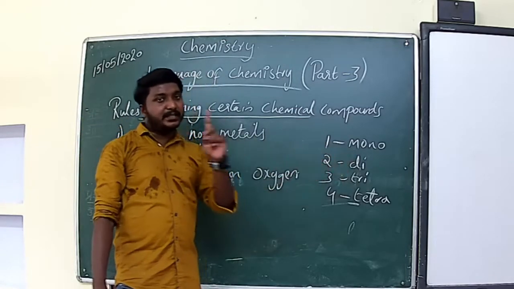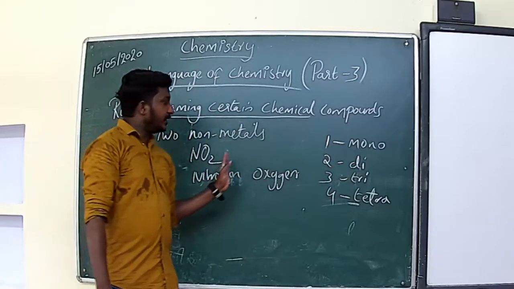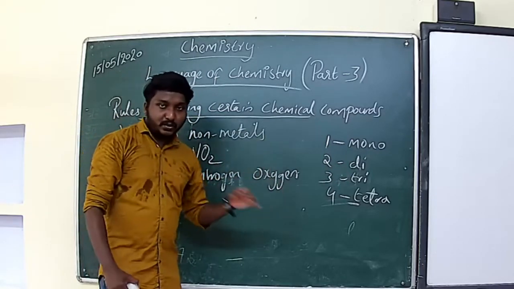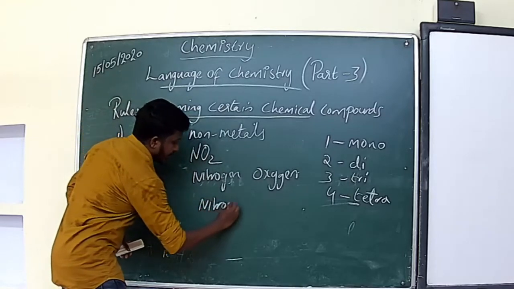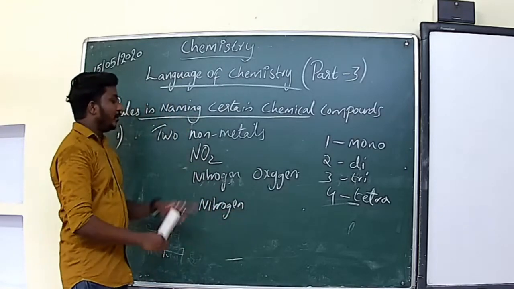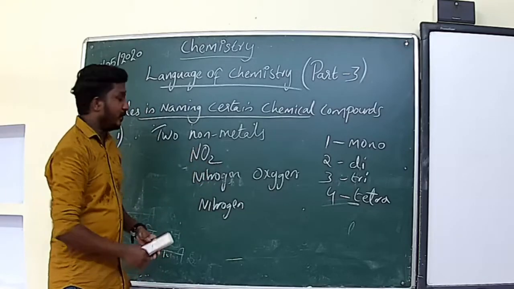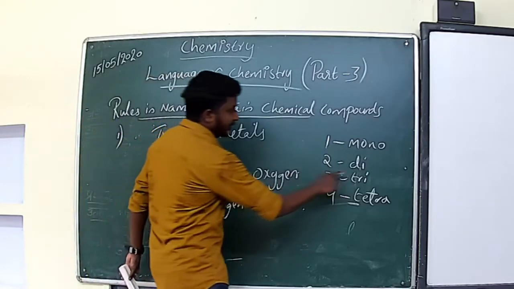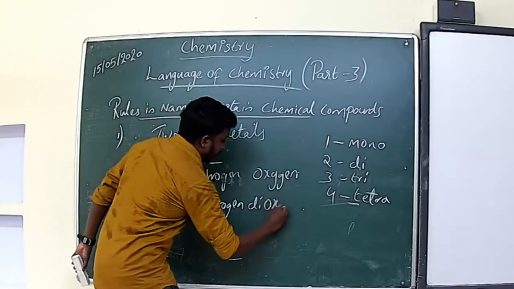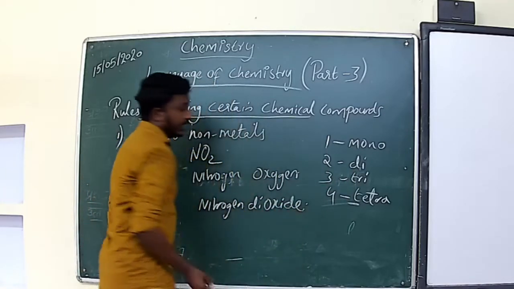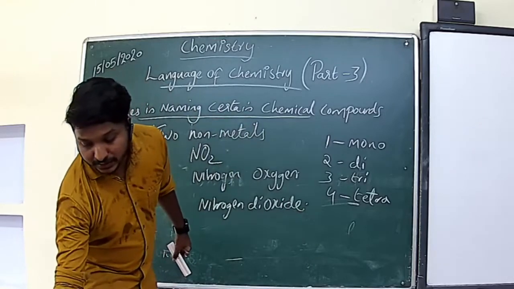If the first element is only 1, it is not compulsory to write mono. So we can simply write nitrogen itself. Then how many oxygen are there? 2 atoms of oxygen, so we denote by di. So what is the name? Nitrogen dioxide. Clear? Nitrogen dioxide.